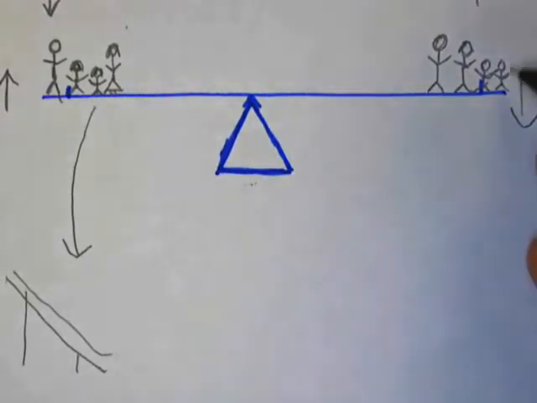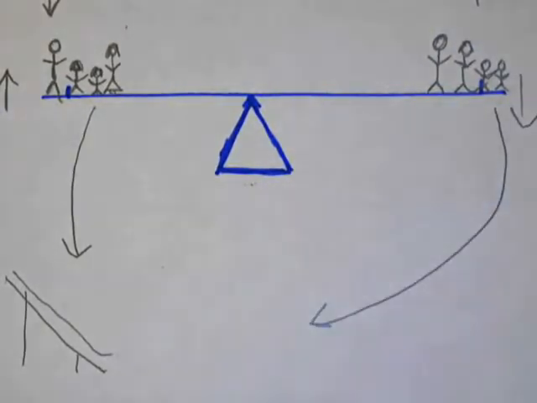Unless Capri's cousin, about the same age, Zeke, decided he wanted to go swing too. If he went over and swung too, then it balances back out, right? The teeter-totter is going to be balanced, still equal, because we took off the same amount of weight from each side.